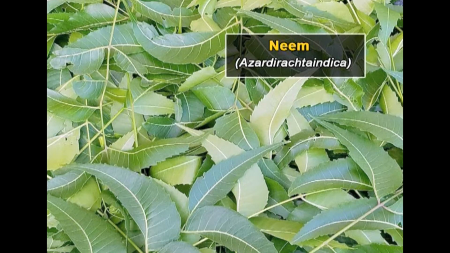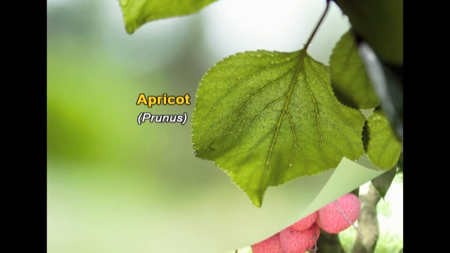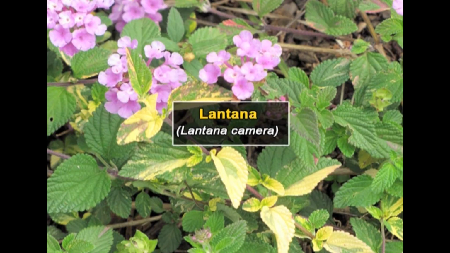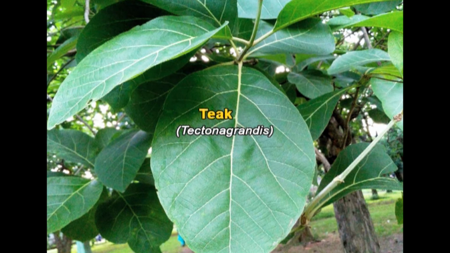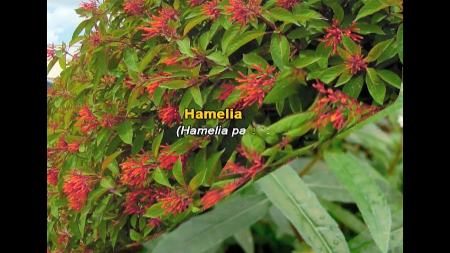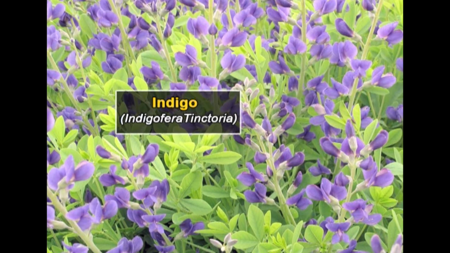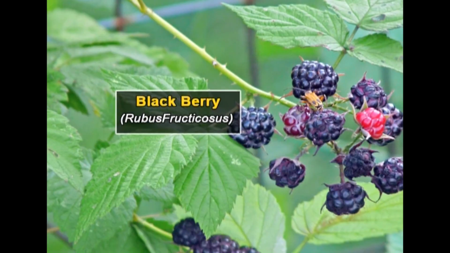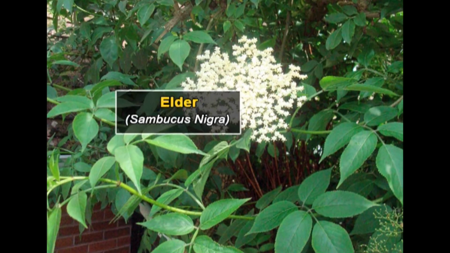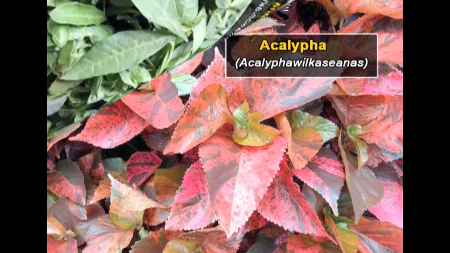The examples are neem again, peach, apricot, lychee, eupatorium, lantana, teak, golden drop, Hemilia, trailing eclipta, woad, indigo, blackberry, veld, lily, elder, alder, henna and acalypha.